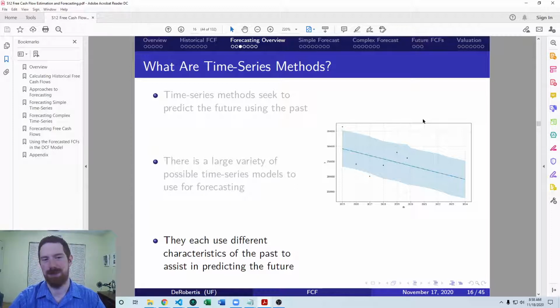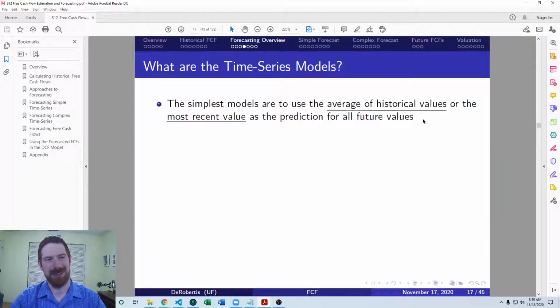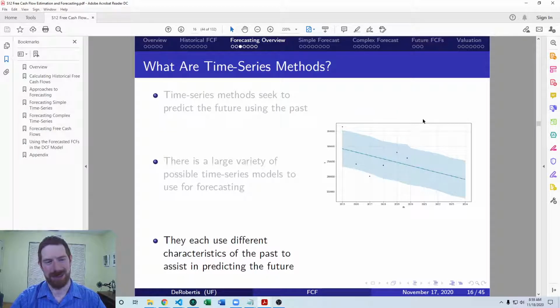And depending on the model, it's using different characteristics of the past. So it might be the trend, it might be the growth, it might be historical deviations from the baseline forecasts. So there are a lot of different models that we can use there.